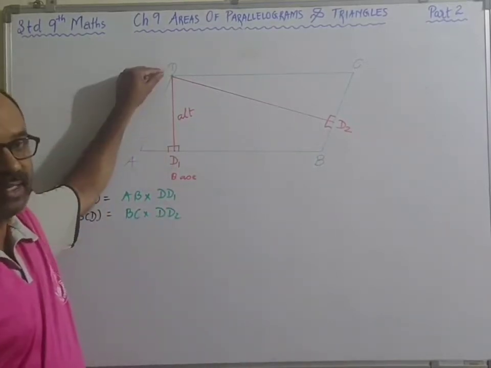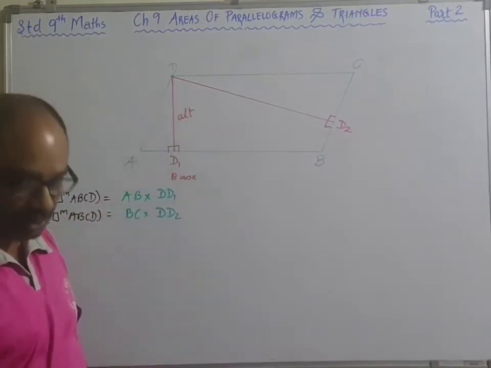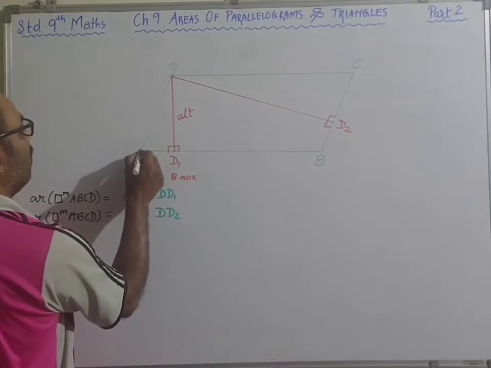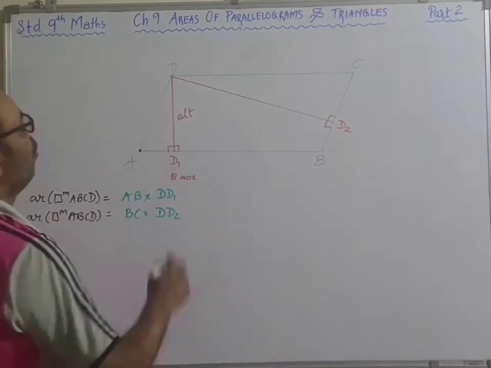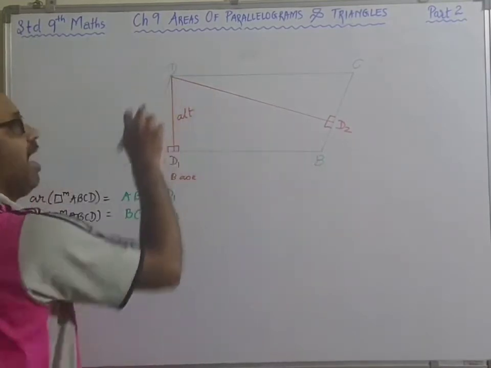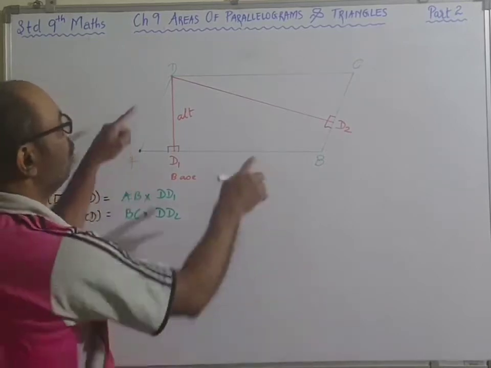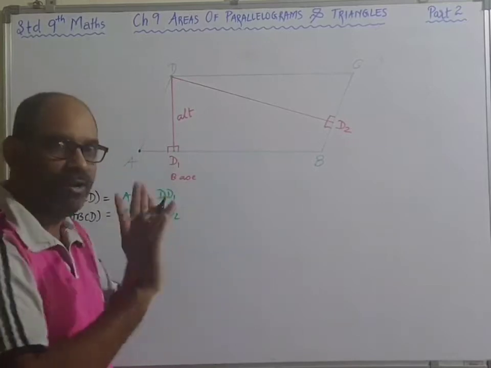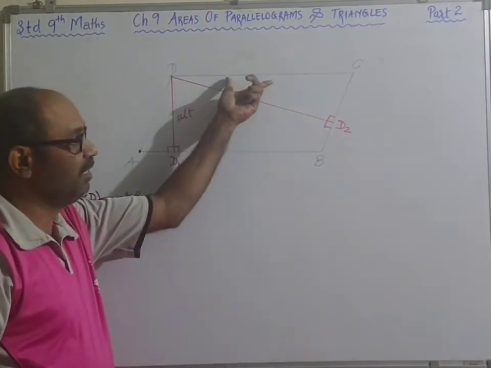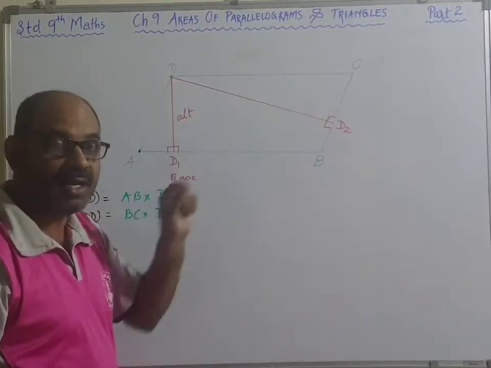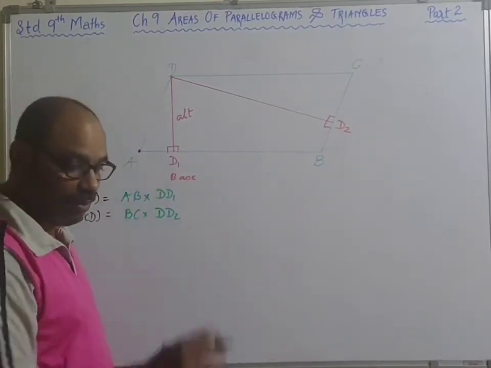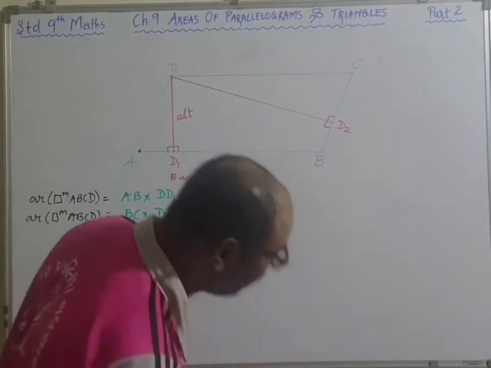So from vertex D, you have drawn two altitudes. Similarly, you can draw two altitudes from vertex A. AB and AD are the two sides whose common endpoint is A. So AB and AD cannot be opposite sides. So CD and BC are considered as opposite sides to vertex A. So I am going to draw perpendicular to that.